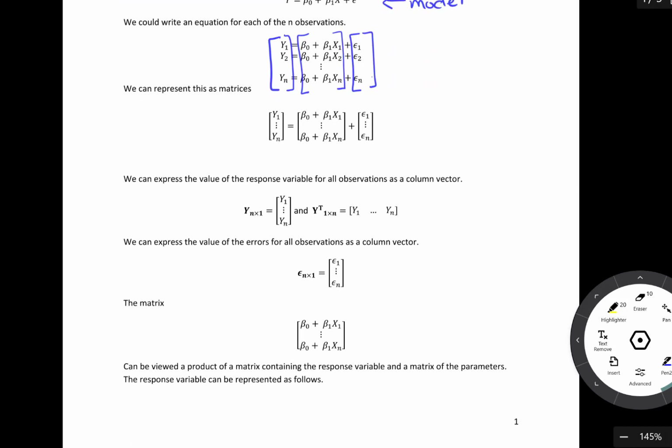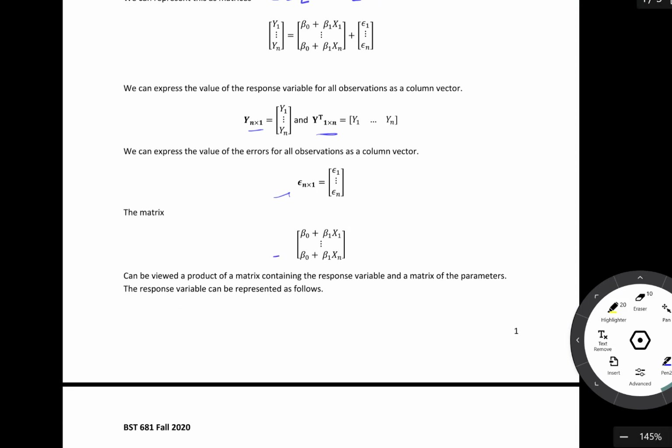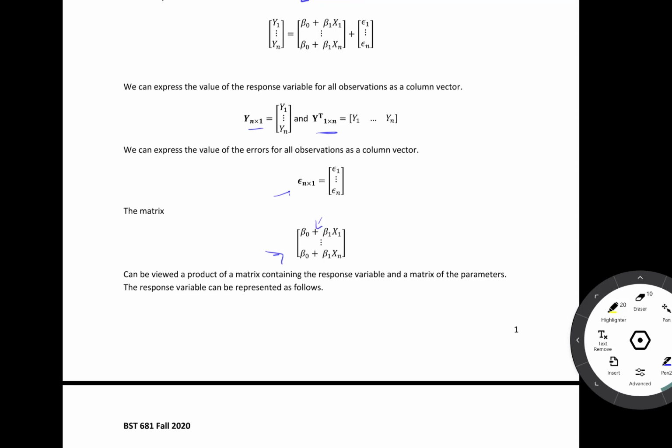As stated earlier, notice we could express the response variable as a column vector, and it will be an n by 1 column vector, or we could look at the transpose. We could do the same thing with the error terms, which again will be an n by 1. And then finally we have the matrix here. Notice since these terms are added, this is also an n by 1 matrix.